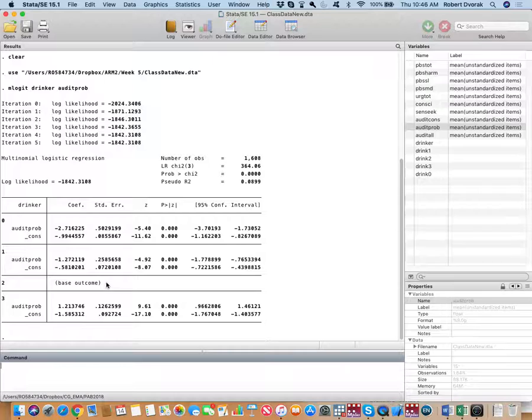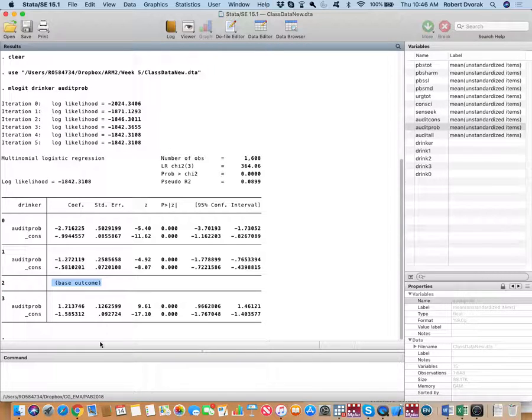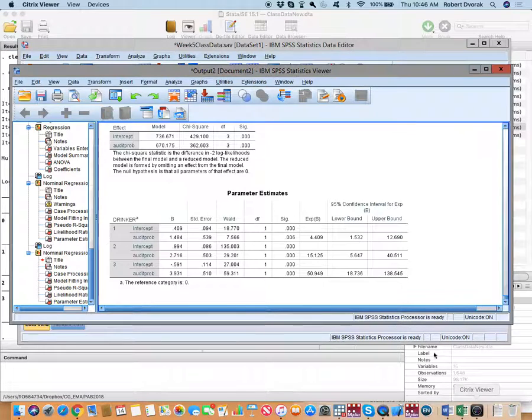And it's setting my base outcome as 2 here for some reason, but it doesn't matter. Rather than confuse things, let's just stick with our straight regression for right now. But you can actually do these models in multiple different ways.